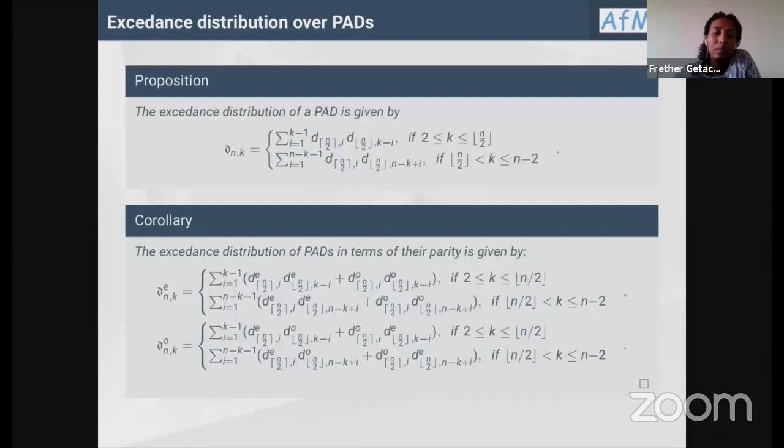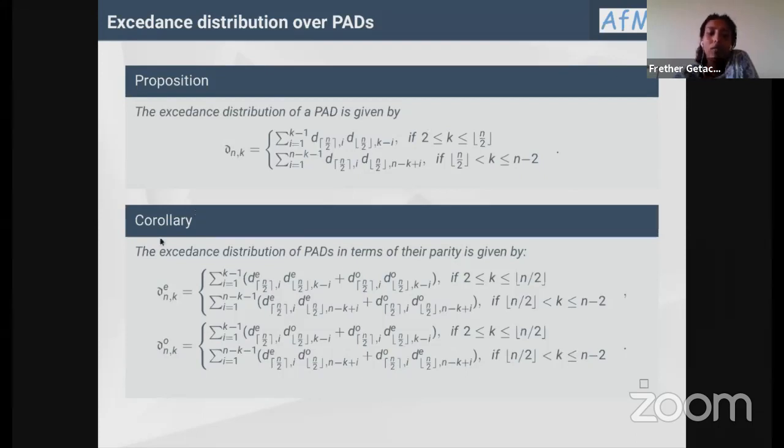And also we can find this excedance distribution for paths by similarly applying the splitting method. We can use this formula to determine the number of paths over n having k exceedances, depending on the number of derangements with a particular exceedance number.